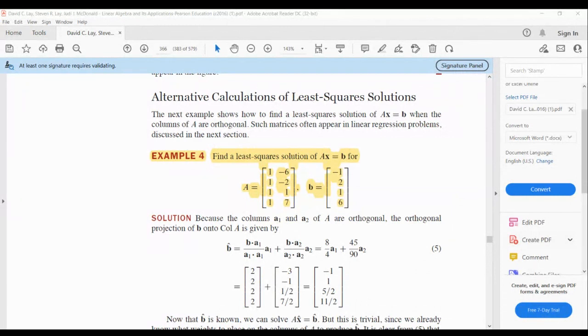So if you have a matrix A where the columns are orthogonal, then you can find the projection vector B hat using the orthogonal decomposition theorem from theorem 8, section 6.3. Okay, you can find that projection vector B hat this way, and then you can solve A times X hat equals B hat.